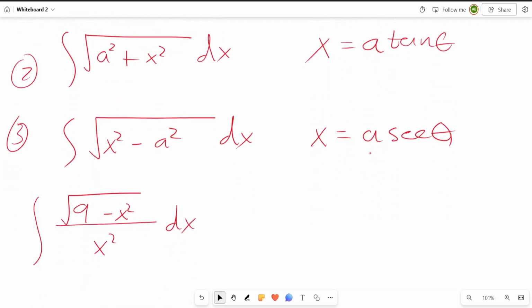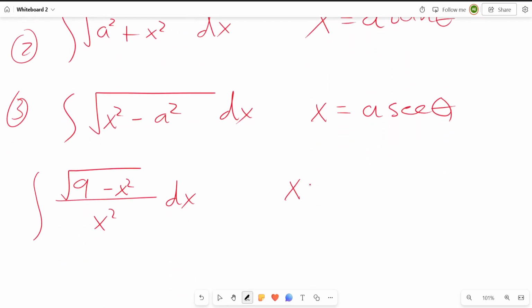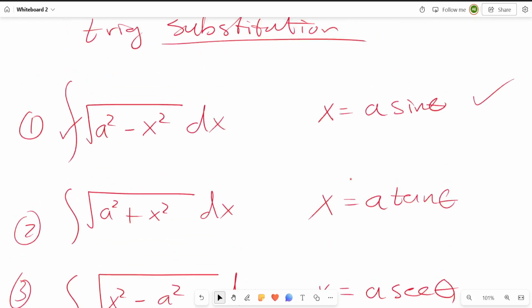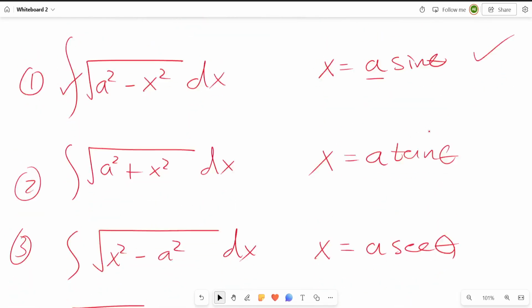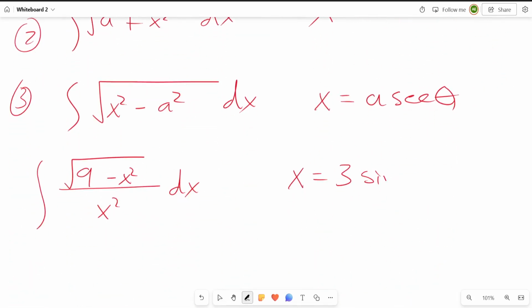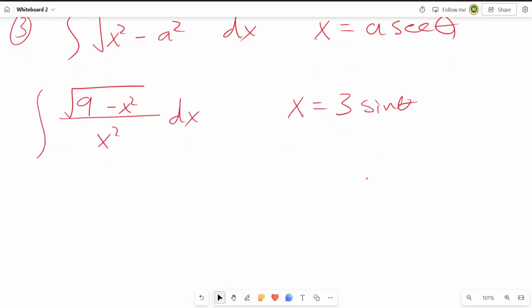So x should equal a sine theta. If a squared is 9, then a is the square root of 9, so a is 3. So x equals 3 sine theta. That's the first step, knowing which substitution you should do.